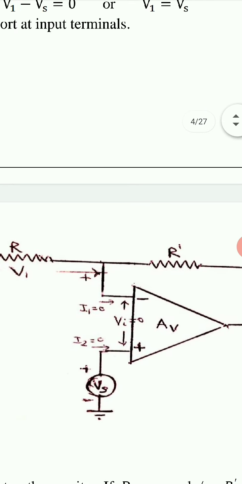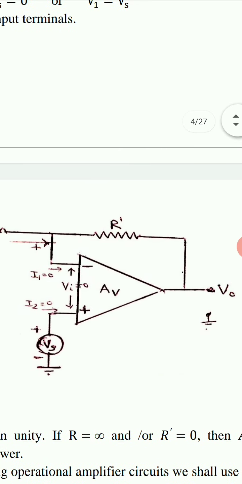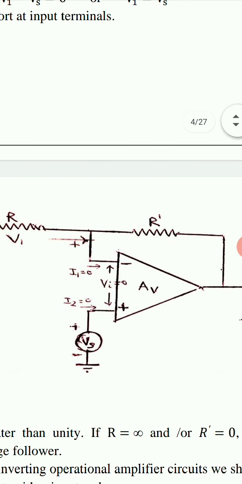This is the basic circuit of the non-inverting operational amplifier. Input signal Vs is applied at non-inverting positive terminal 2, and feedback is applied from the output terminal through resistance R' to the inverting, negative terminal 1.